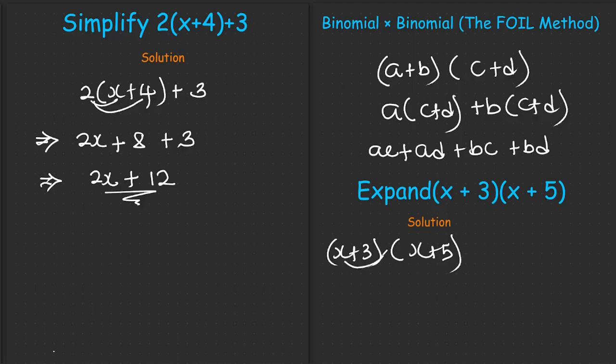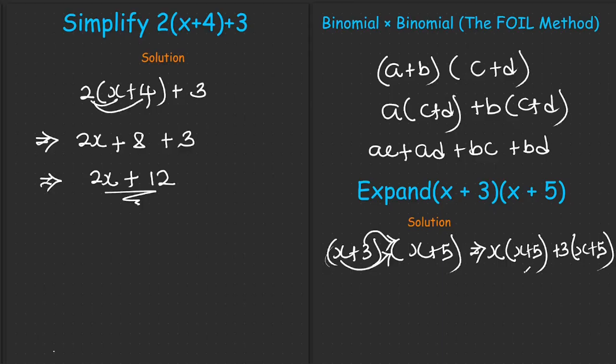That is, x should multiply everything in this bracket, and then 3 should do the same. So we get x into bracket x plus 5, then we come to the 3, which is the second term. So plus 3, you take note of the sign that comes before it as well, into bracket x plus 5.